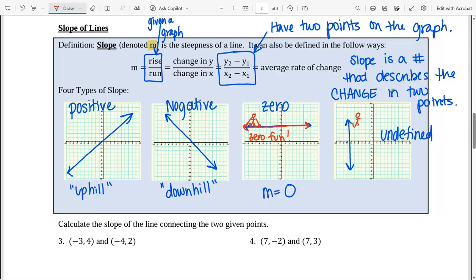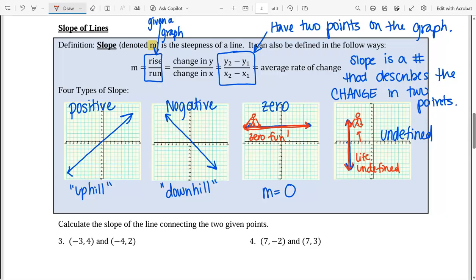If Miss Brazel tries to ski down a vertical cliff, y'all, this isn't about fun anymore. This is my life is going to become undefined. I know that sounds kind of grotesque, but you'll remember it. If I'm having to ski down a vertical cliff like this, I will no longer be alive. That is how I remember that slope is undefined, while this slope is just 0.